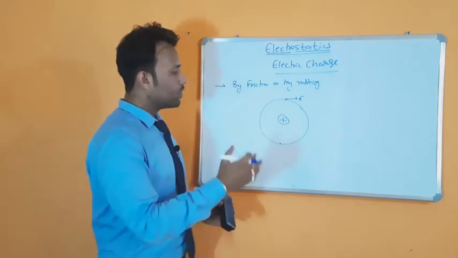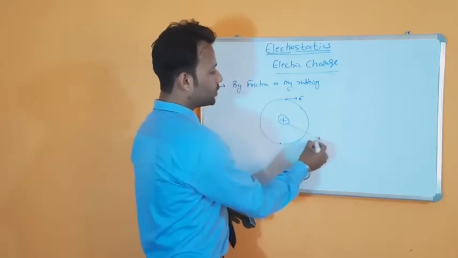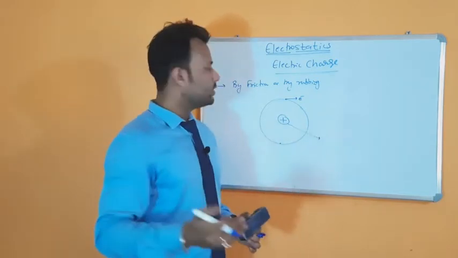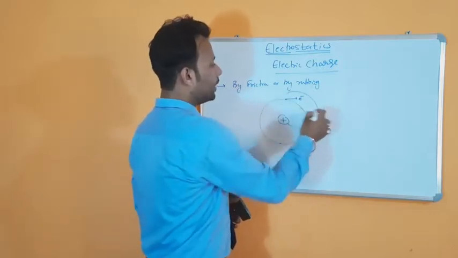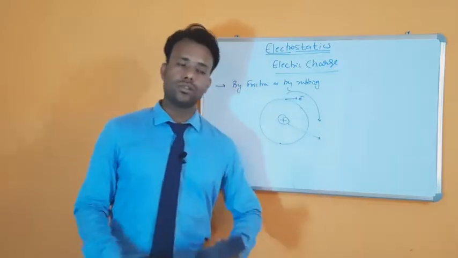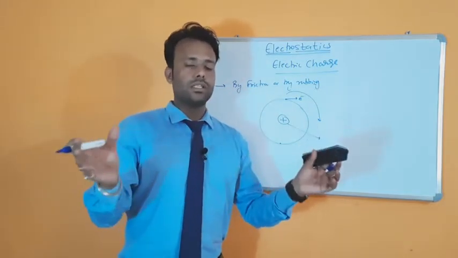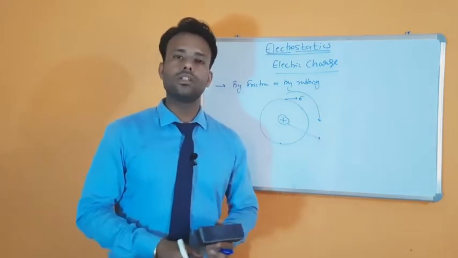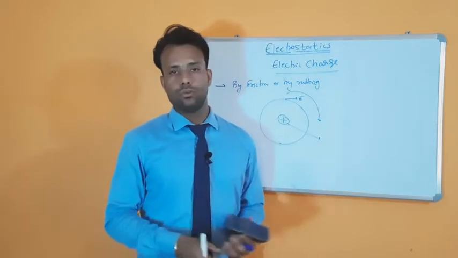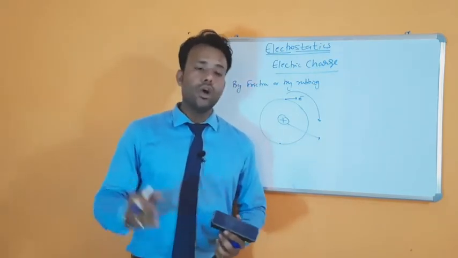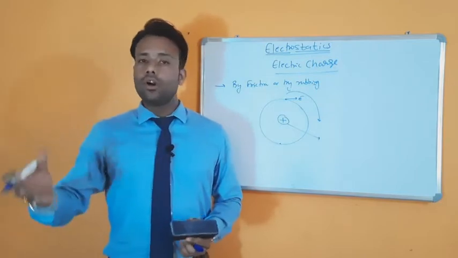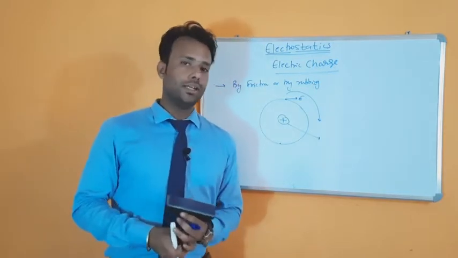Because the total positive charge of the nucleus is always equal to the total negative charge of the electrons. So if the total positive charge and negative charge are equal, the total charge on the body is zero. The body is neutral, and that is why ordinarily the bodies do not attract or repel each other.